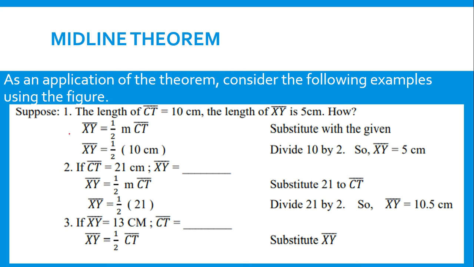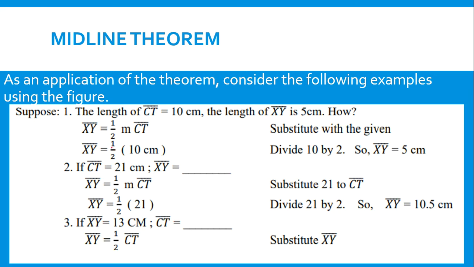First, XY equals 1/2 the measurement of CT. Again, XY is the midline, CT is the base of the triangle. So XY equals 1/2 times, substituting the given, the measurement of CT, which is 10 centimeters.